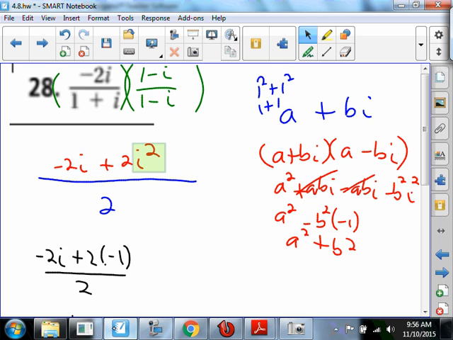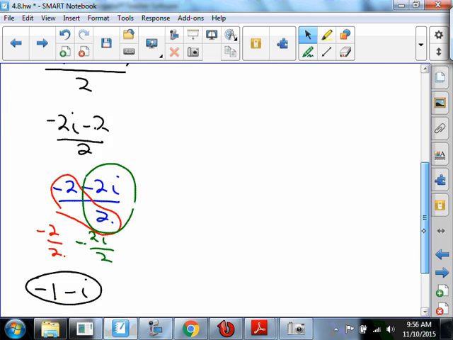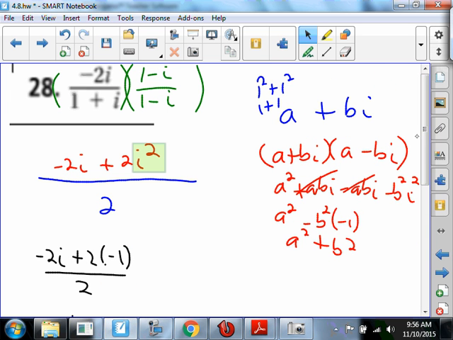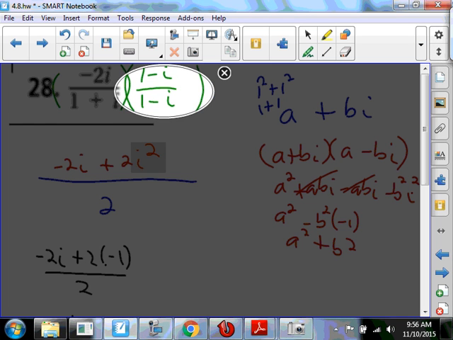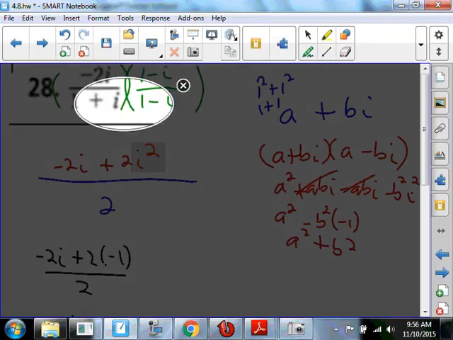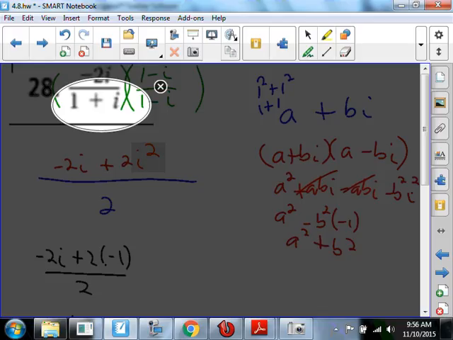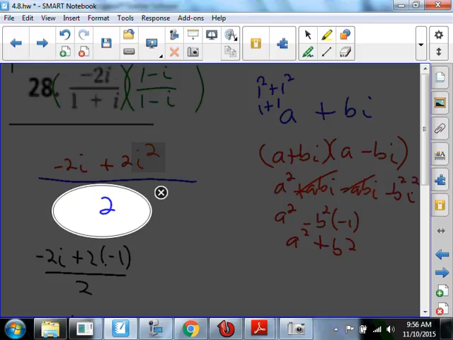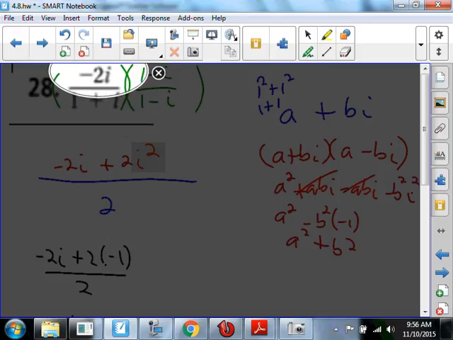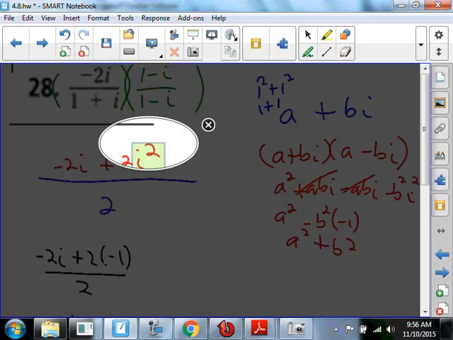And I know you're thinking, oh, but wait, well, let's look at the steps again from the beginning. The first step is to multiply by the conjugate over the conjugate. When you do that, we get 1 squared plus 1 squared, which is 2 in the denominator. Up top, we distribute. -2i times 1 is -2i. -2i times -i is going to be positive 2i squared.